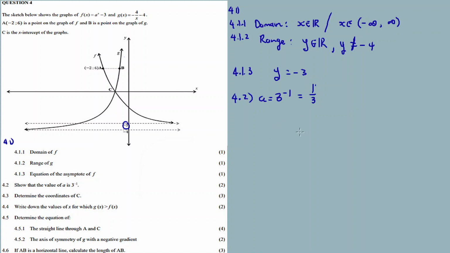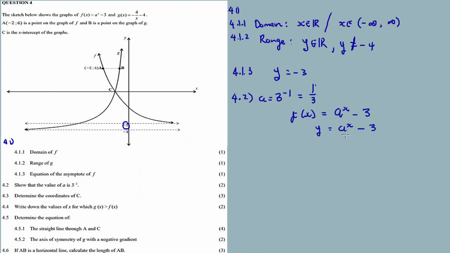Now we start with f of x, since we want to show that the value of a is that. A is a point on f of x, that's why we are taking f of x. f of x is the same as y, so let me change the equation to y and x.